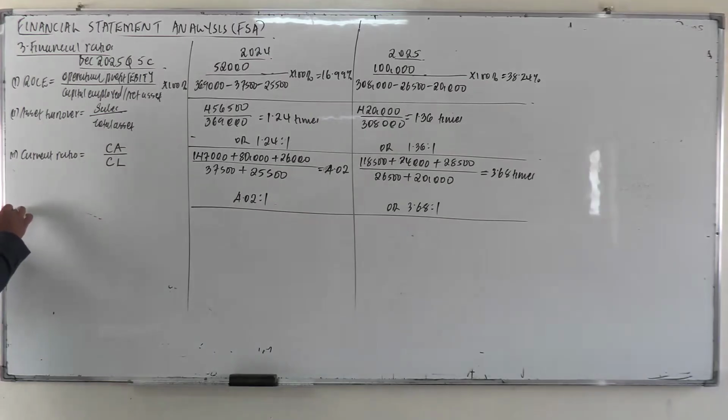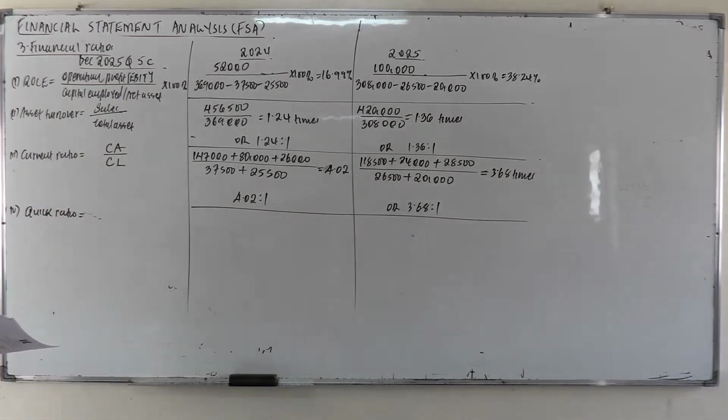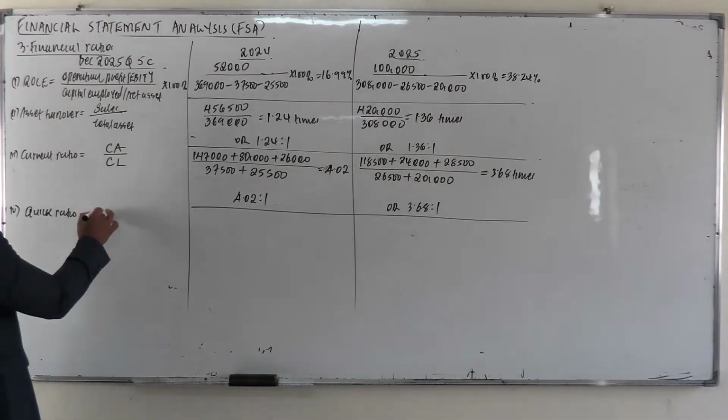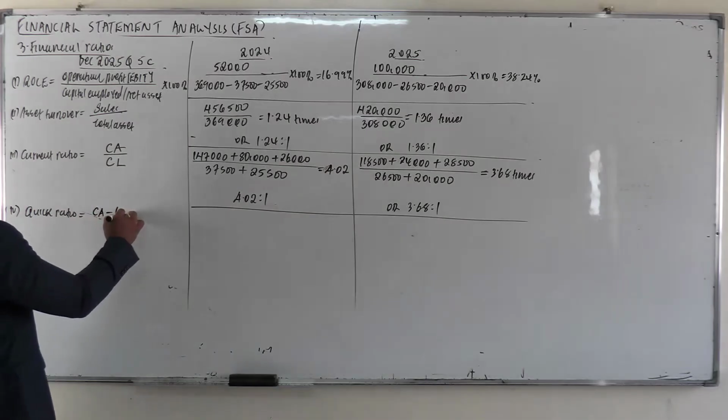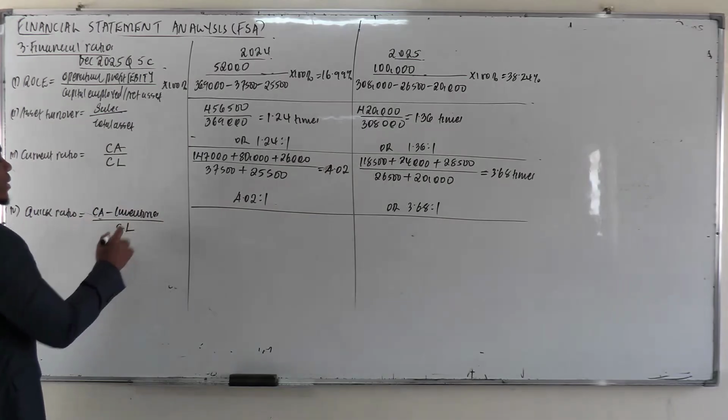And then number 4 is the quick ratio. This ratio shows the ability of the company to settle short-term obligations from the most liquid current assets. How do we get this? By taking the current assets minus the inventories over the current liability.